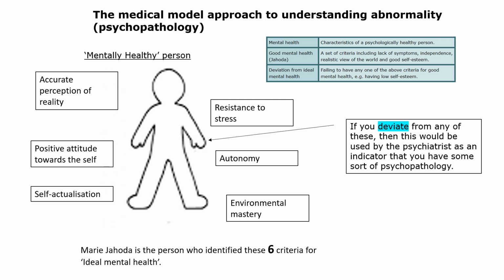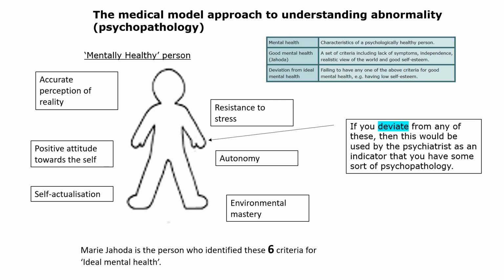And there's the first, I would say, the first criticism, the first evaluation point of this definition, because here we are, we're saying if somebody differs from this, then they have a psychopathology. But yet, self-actualization, that's really aspirational.